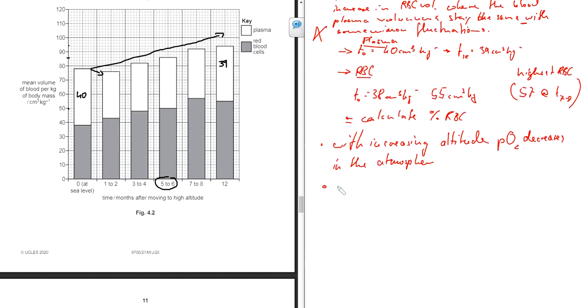That means that less O2 is inhaled and absorbed into the blood.